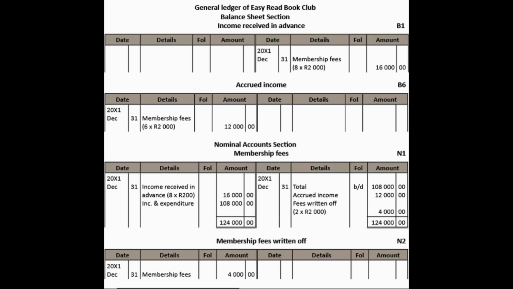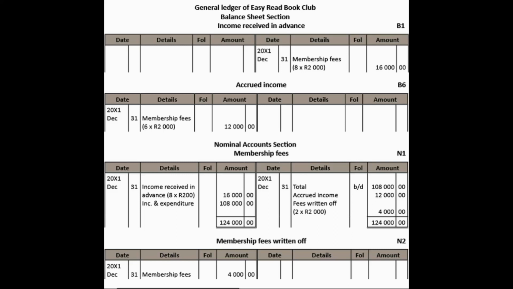Remember, I said in the last lesson that in most cases, probably in the exam, you will have to either calculate the amount that needs to be transferred to the income and expenditure account, or calculate the amount that was actually received in the bank during the year. In this case, the balancing amount also gives you 108,000.